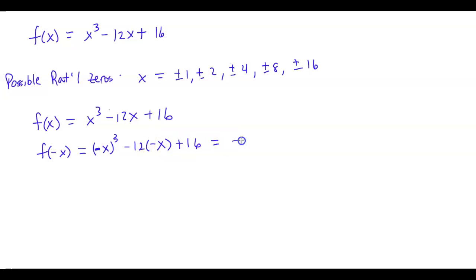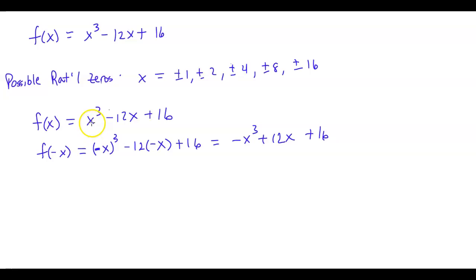And of course this will give us a minus x cubed here plus 12x plus 16. Now, note here that Descartes' rule of signs lets us know, based upon the number of sign changes that we have in either f of x or f of negative x, what's going to be the makeup of our positive and negative zeros.